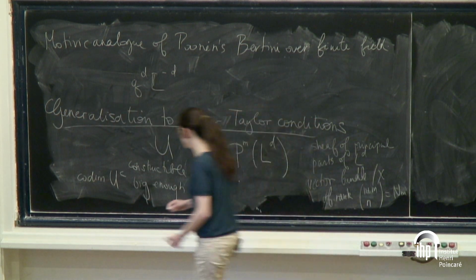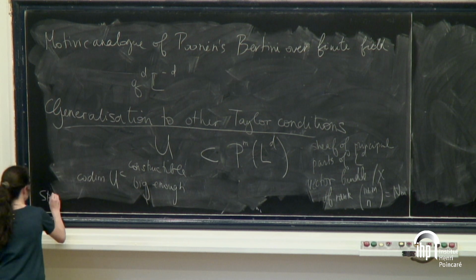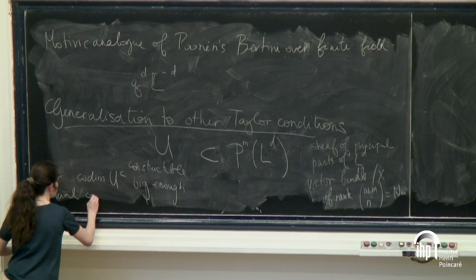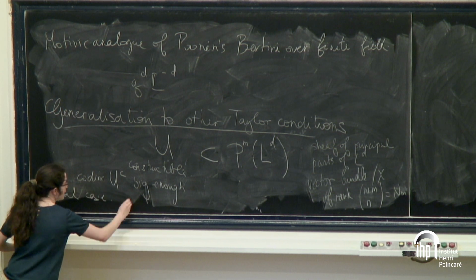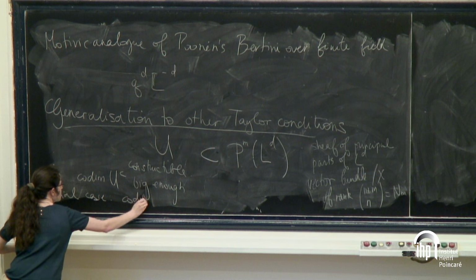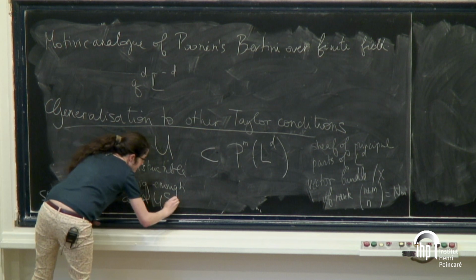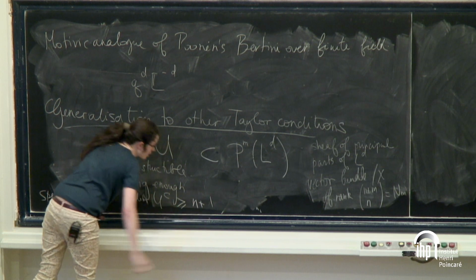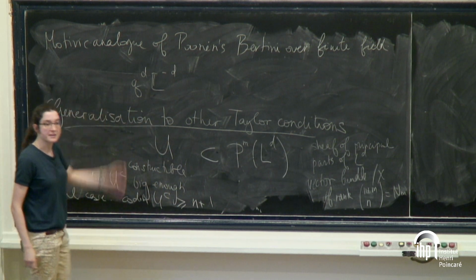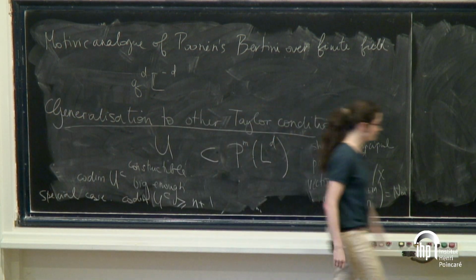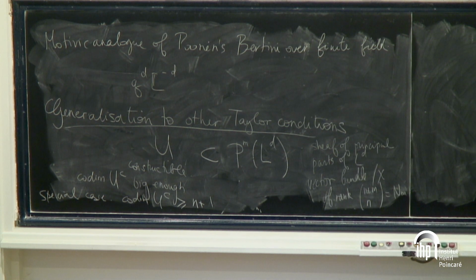One special case that I can write down is that it works if the codimension of U complement is at least n plus 1, where n is the dimension of the variety. Up to a finite number of points, we can remove a finite number of fibers.